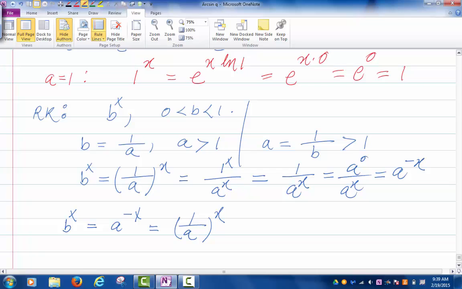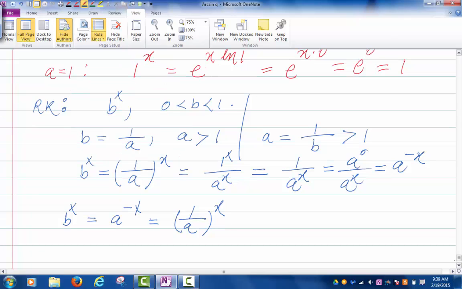Okay, so basically what I'm trying to do here is convince you that if I have to sketch the graph of b to the x, where b is between 0 and 1, I am basically coming up with the graph of a to the negative x, where a is a number bigger than 1. The graph of b to the x is the same as the graph of a to the negative x. What's the relationship between a and b? Well, a is 1 over b.